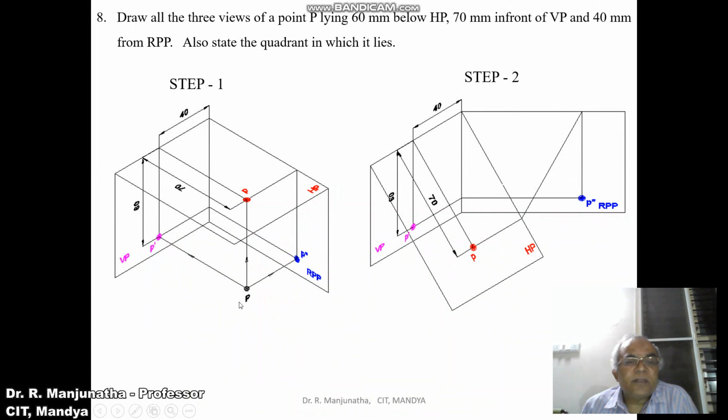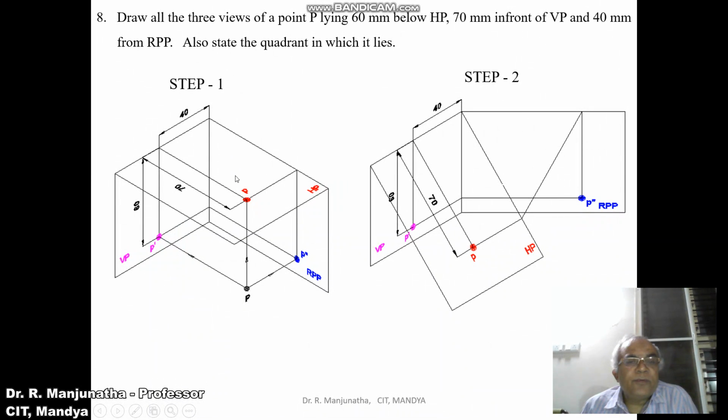Both will be visible. That means if you look from the left side view, I can see the distance below HP, which is the front view distance, and I can also see the distance in front of VP, which is the top view distance. When you look from the front view, we can also see the distance in front of RPP, which is seen in the vertical plane.